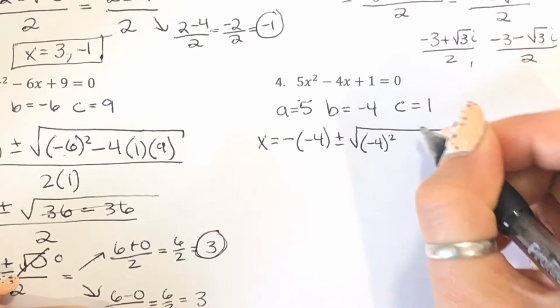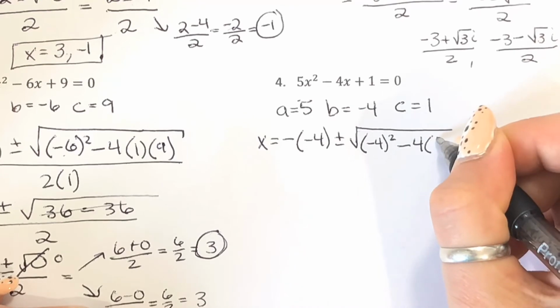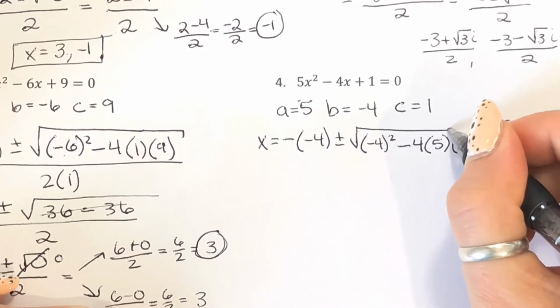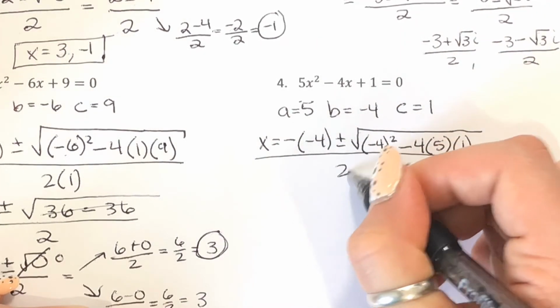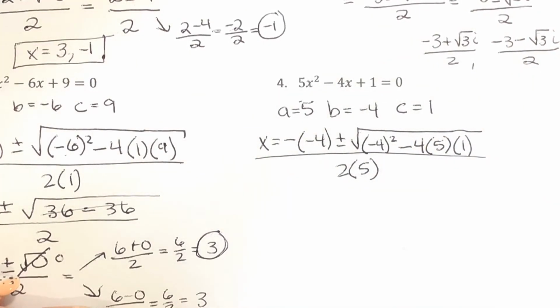So -4 squared. Subtract 4 times A, which is 5 this time, times C, which is 1, all divided by 2 times A, which is 5 this time. So there's our plug-in step, and then now we simplify.